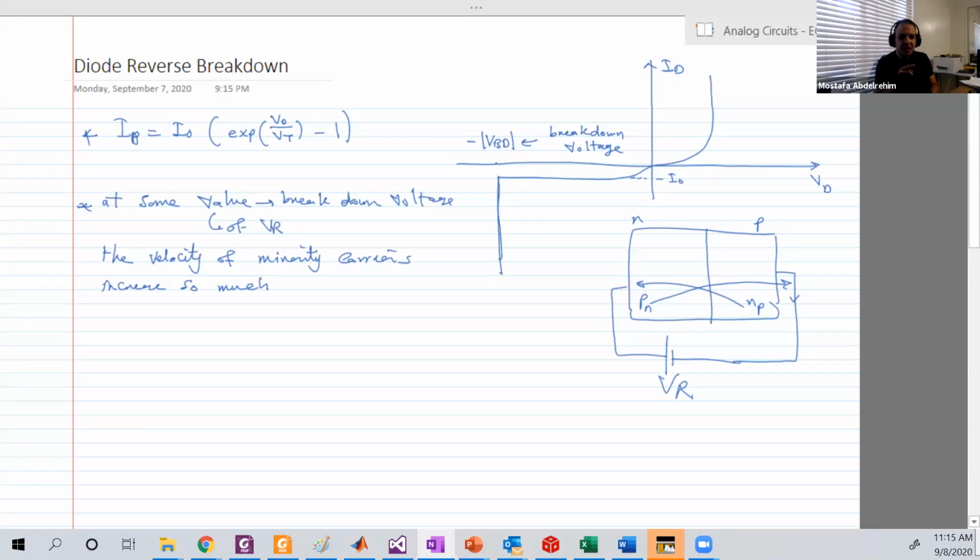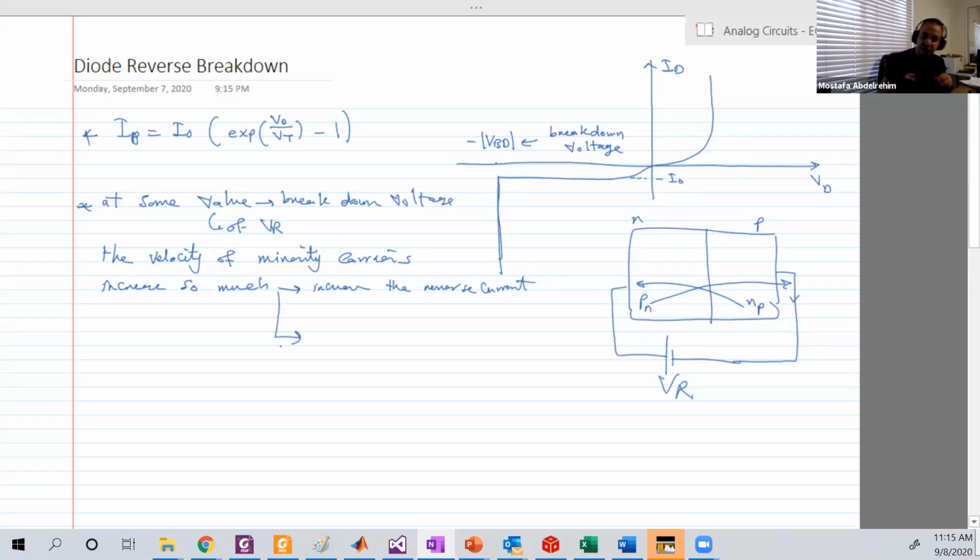Yes, the velocity increases and this will increase the current, so this will increase the reverse current.